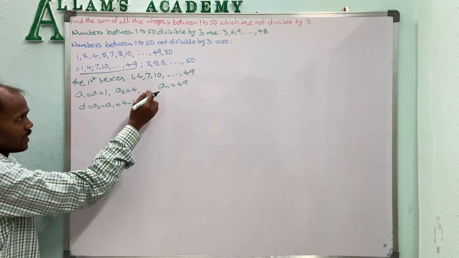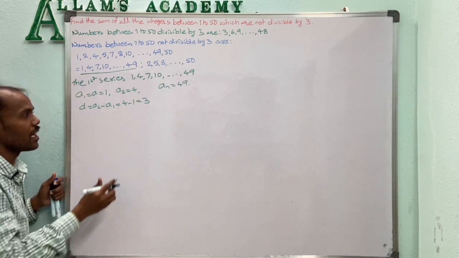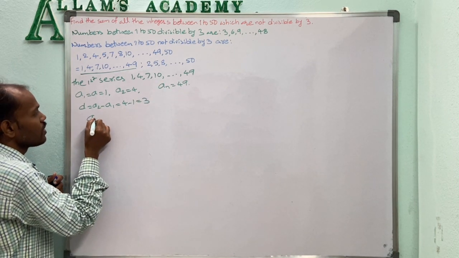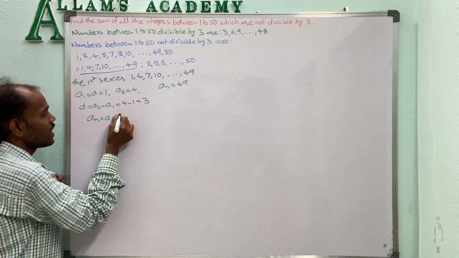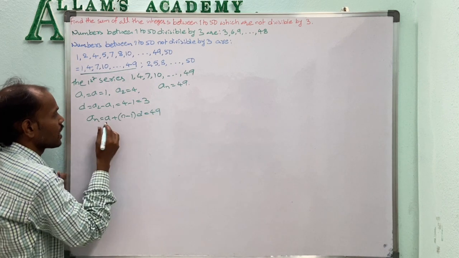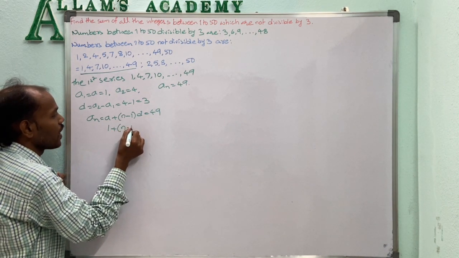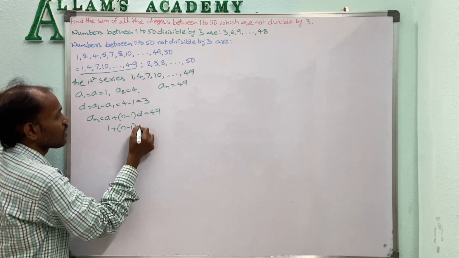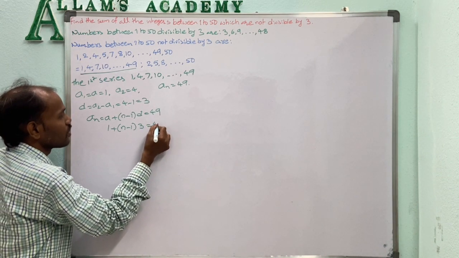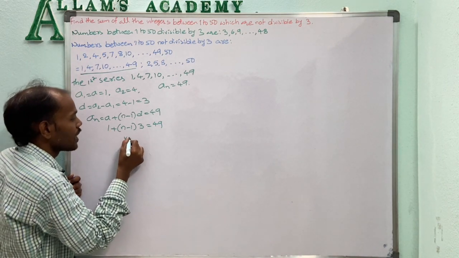Now to find the sum of these numbers, first we want to find how many numbers there are. By the general formula an is equal to a plus n minus 1 into d, that equals 49. Here a equal to 1, plus n minus 1 into d, which is 3, equal to 49. Now plus 1 transfers to that side as minus 1.